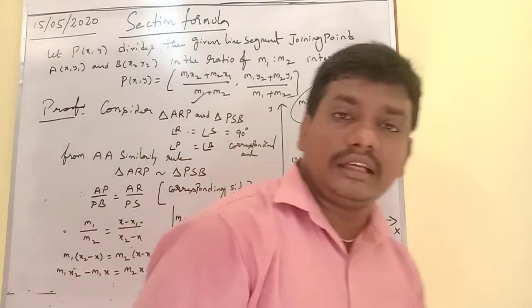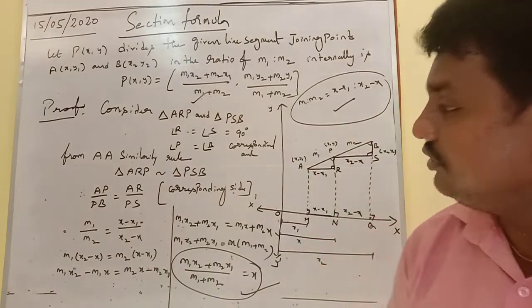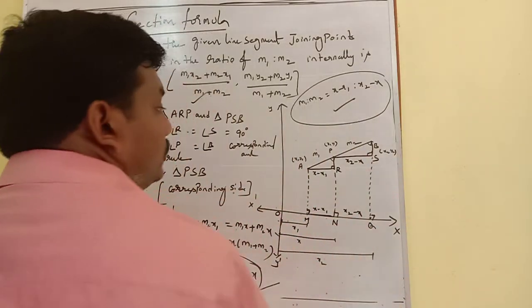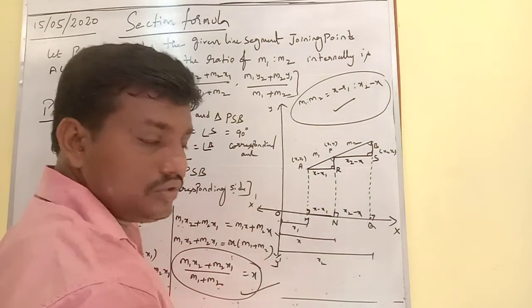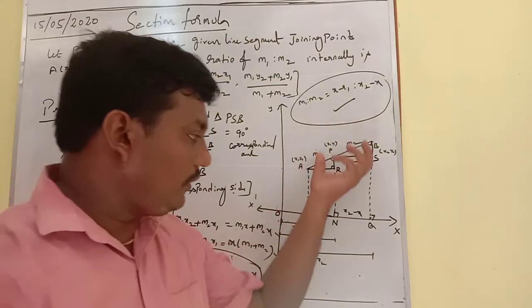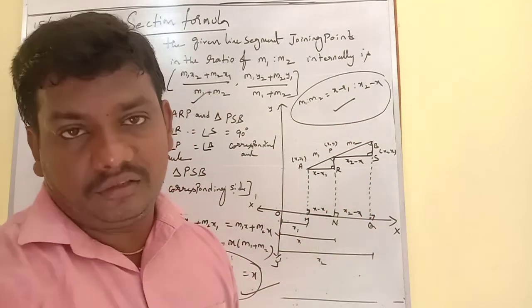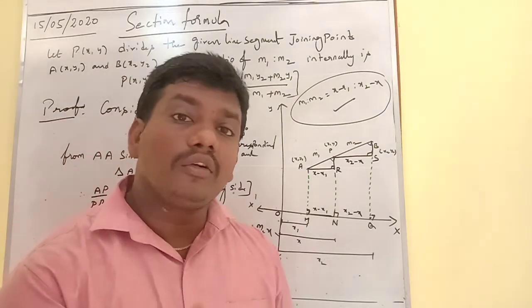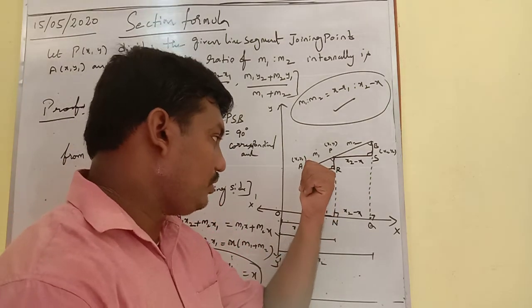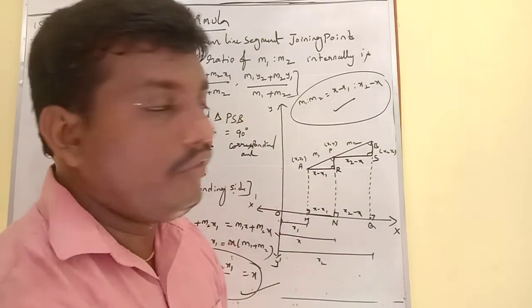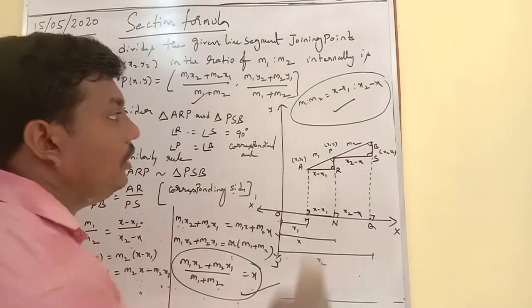In the same way, similarly we can find the y coordinate value also. To find the y coordinate value, we need to draw the projection of the line on the y axis. I took the projection of the lines on the x axis, and that's the reason I got the x coordinate value. Students, you have to verify: with the projection of points on the y axis, we can get the y coordinate value.